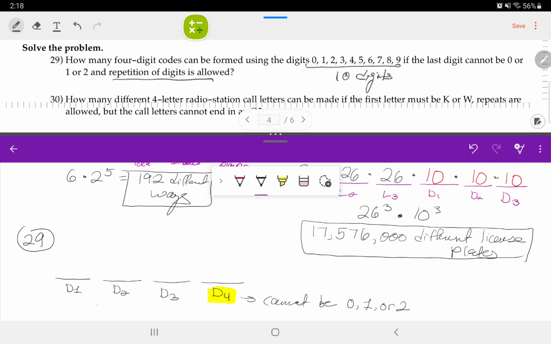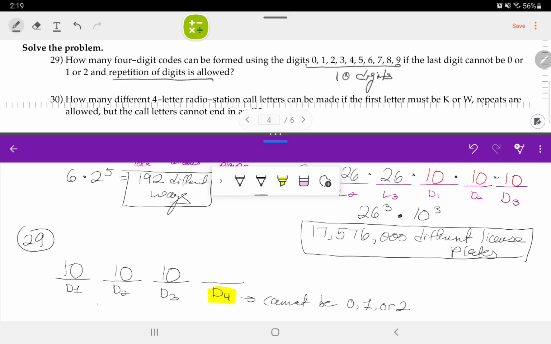So that means I have 10 possibilities that can take the place of the first digit, 10 possibilities that can take the place of the second digit, and 10 possibilities that can take the place of the third digit.